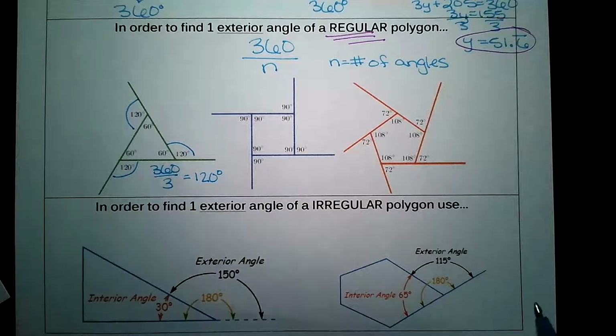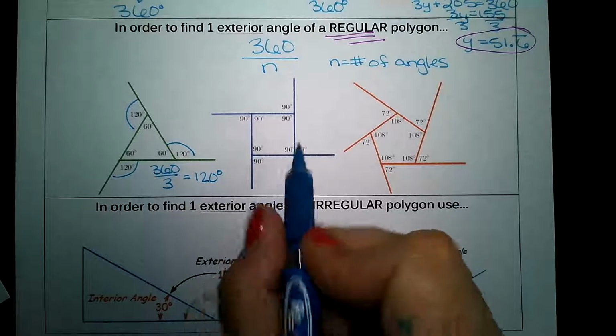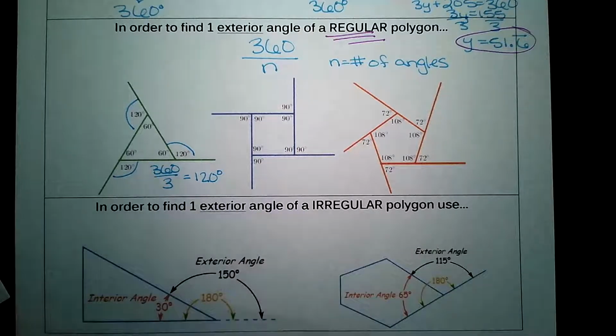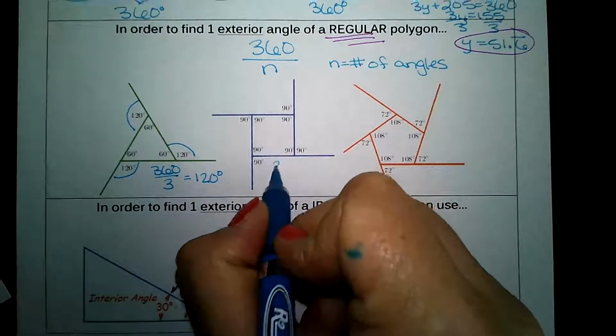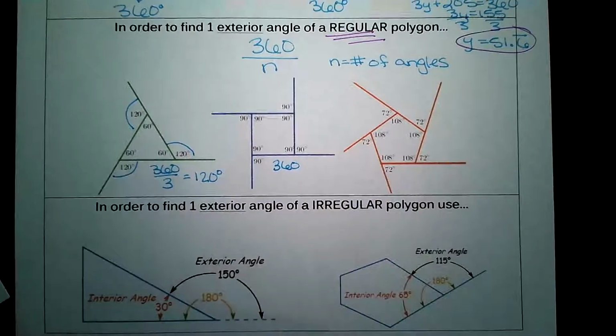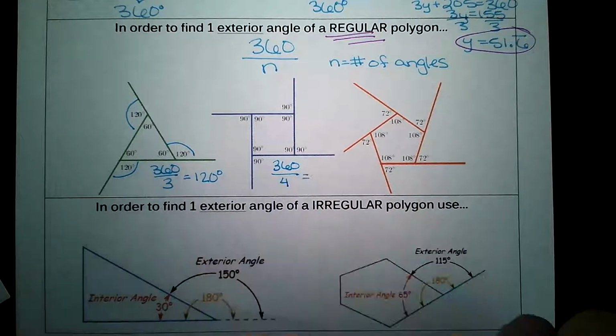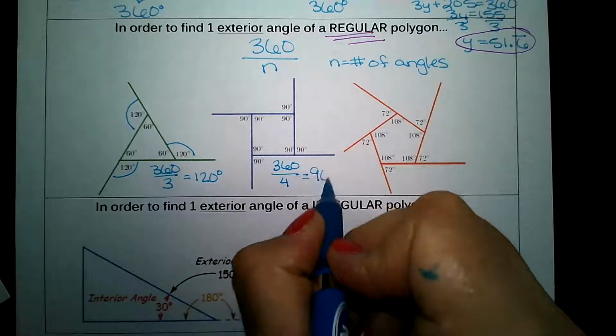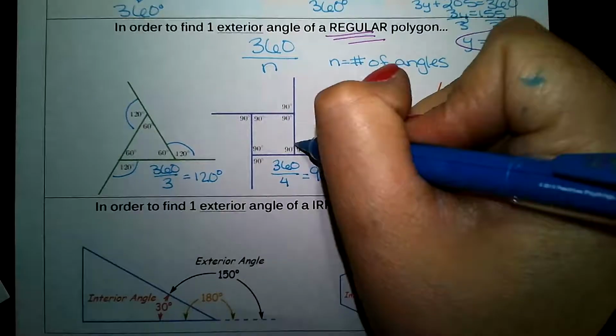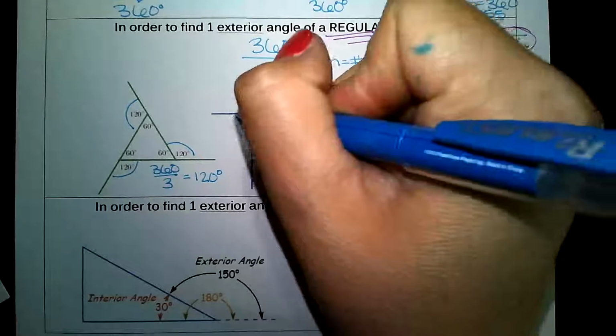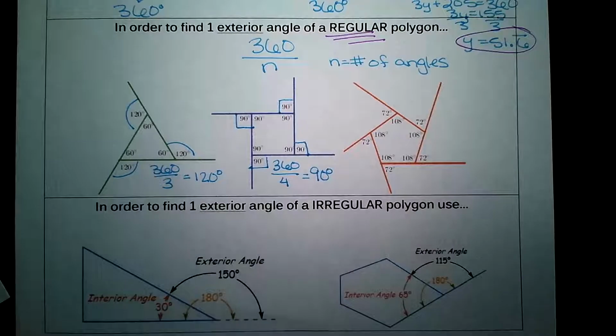Okay, try it with a quadrilateral. This is a regular quadrilateral, also known as a square. So if the sum equals 360 degrees of all exterior angles, and there are 4 exterior angles, when I divide 360 by 4, I get 90 degrees. That's 90 degrees per exterior angle.